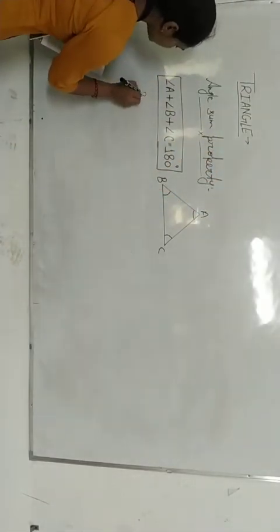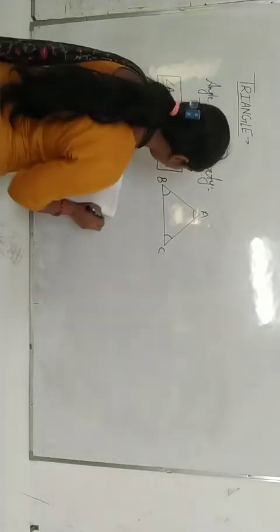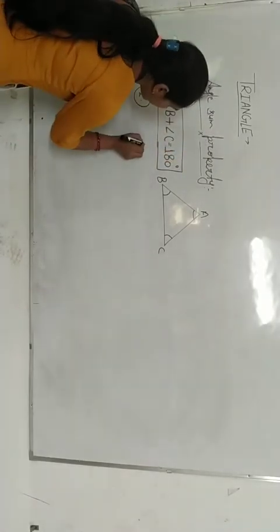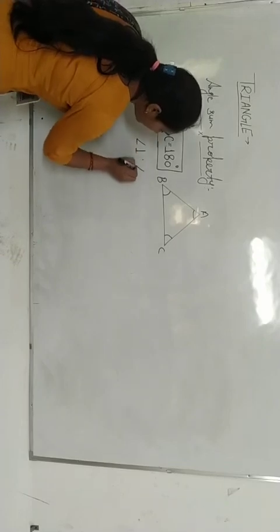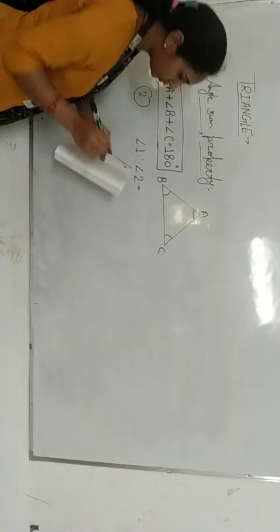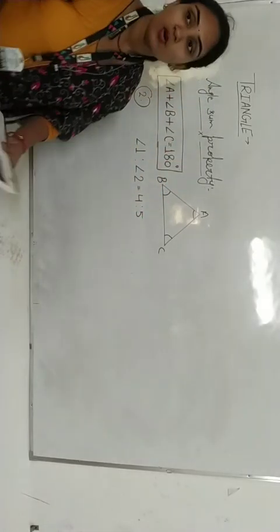In question number 2, we have a triangle and the ratio of two angles, angle 1 to angle 2, is equal to 4:5. And we have to find out all the angles.